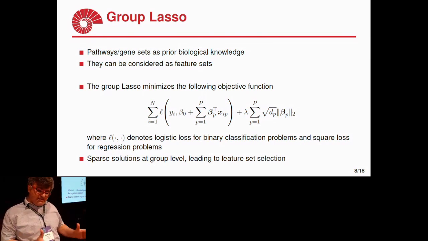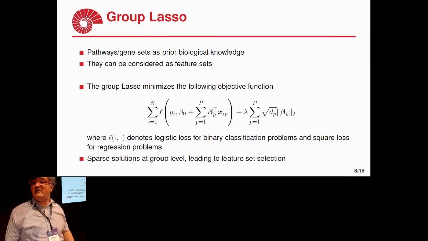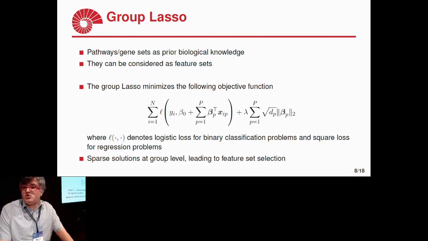So some of the sets will be used and some of the sets will be discarded thanks to L1, L2 regularization on the coefficients. We can solve binary classification problems using logistic loss. We can solve regression problems using square loss in the same formulation. But in this study, we solved 3 different binary classification problems.